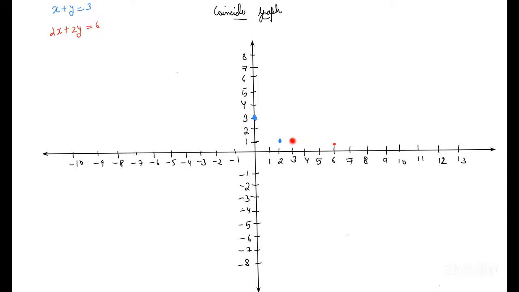Sir, if I'm substituting y for 1, then it will be 2y equals 2, so 6 minus 2, right? Just give me a second. Let me correct Bettia, then I will come to you. Bettia, what did you get? What is the value of x? 0. What is the value of y? 3. So 0 is here. Now this x axis is 0, na? This is 0 and 3, no?